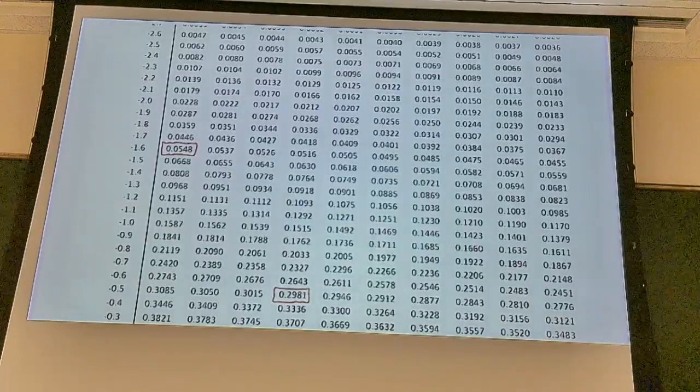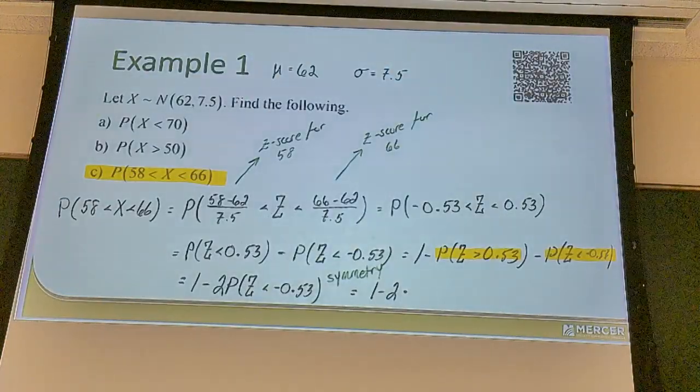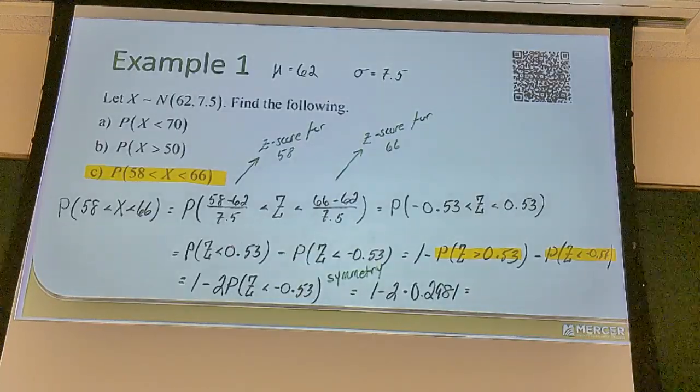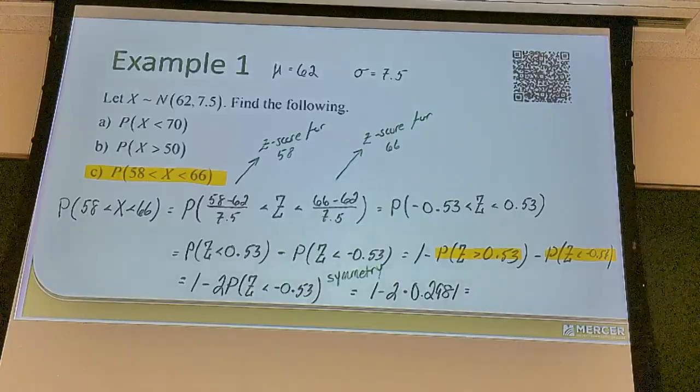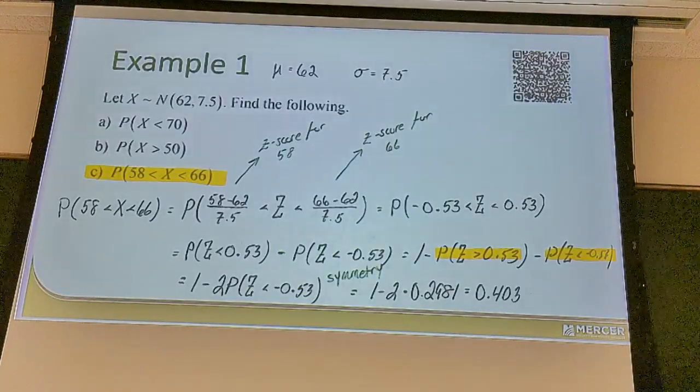But that would be our area, right? 0.2981. When you do that, you should get 0.4038.